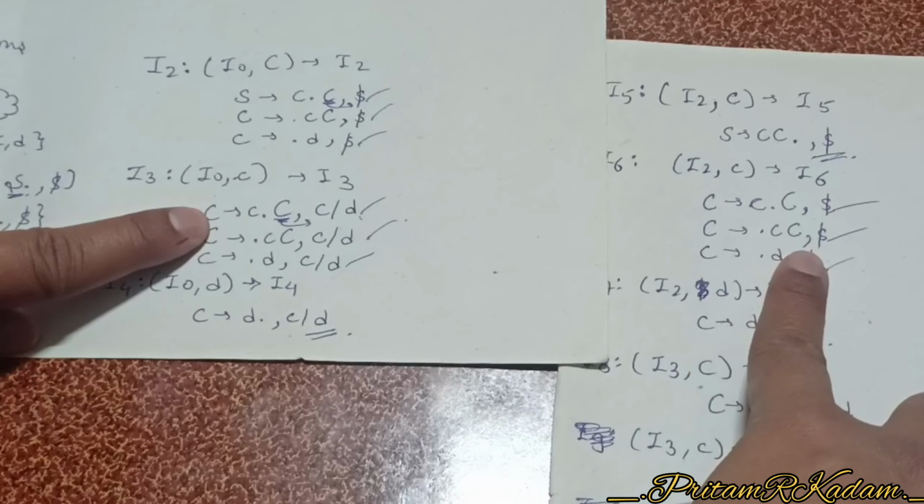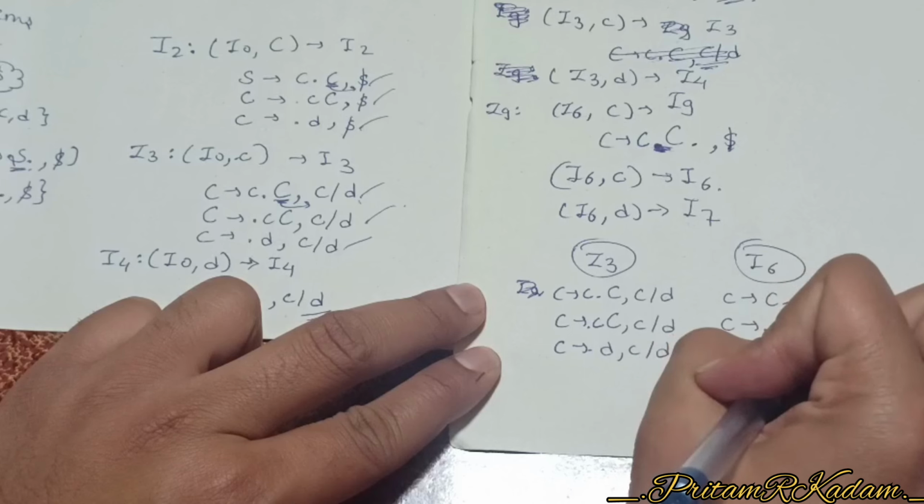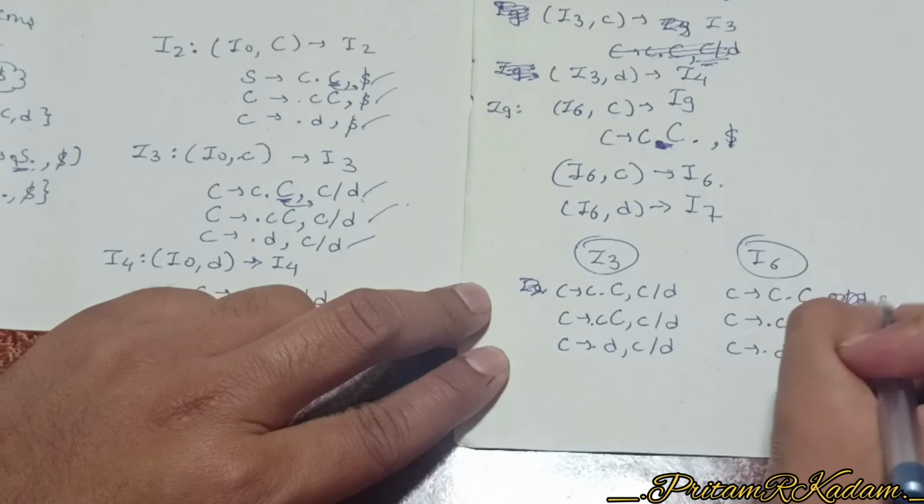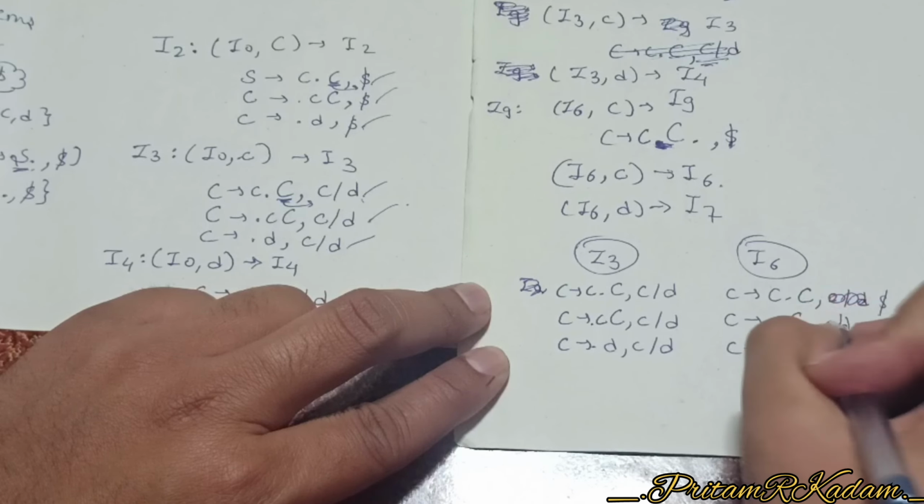So C gives dot C with the look ahead C slash D, and the productions of C. Now for the I6 part, C gives dot cC and C gives dot D. The look aheads were different; this I6 had the dollar as look ahead.